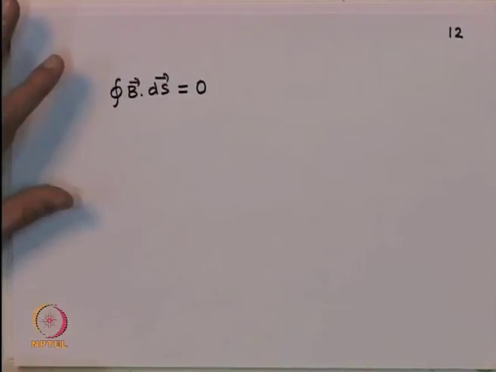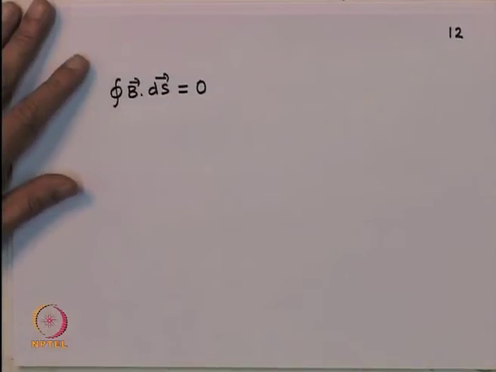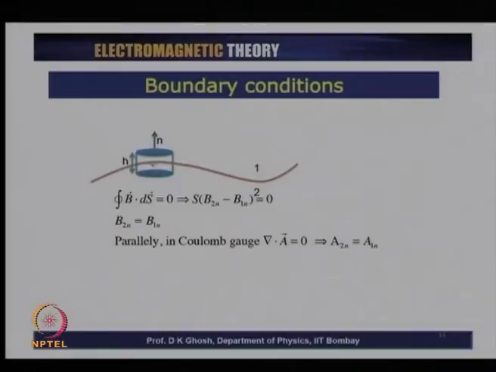Now, what we are doing is this, that if I have this figure, I take a Gaussian pillbox of height h, which I will take as negligible, meaning it is small compared to, let us say, the radius of the pillbox. The outward normal on this surface is that way and on that surface is this way.